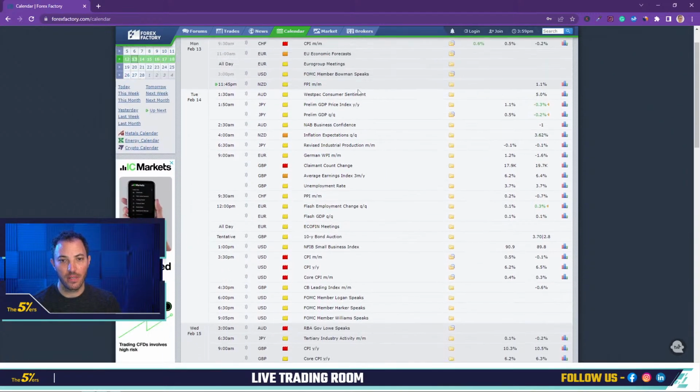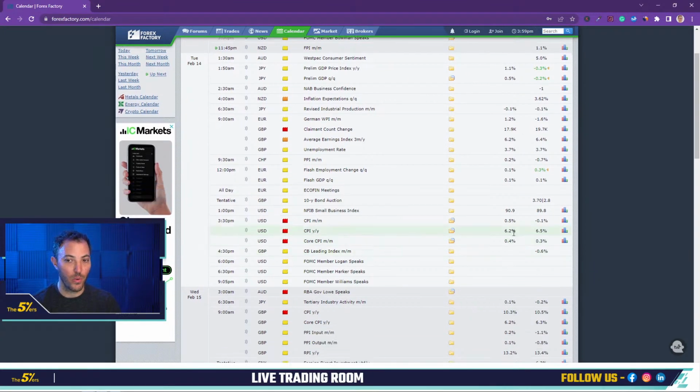Tomorrow we have a claimant count change. That's not a big announcement, not a big event. There's a lot of volatility, but it doesn't tend to start a new trend. We do have CPI, which has been very relevant lately. In the US, we expect even less CPI, so inflation is decreasing in the US. If there's no surprise, we should continue seeing this weakening of the US dollar.